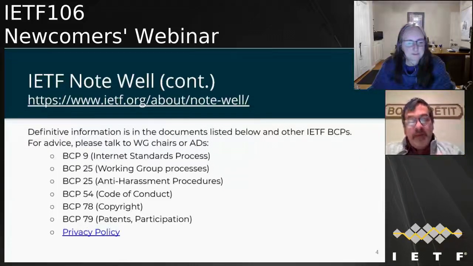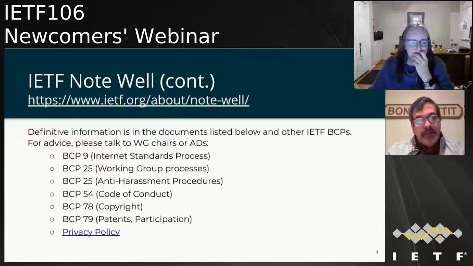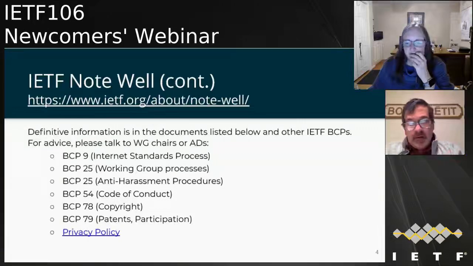An RFC, once it's published, is frozen, so that if we change and revise something, such as a next version of TLS, TLS 1.2 became TLS 1.3, that's a separate RFC. HTTP 1.0 was 1945, and so on.